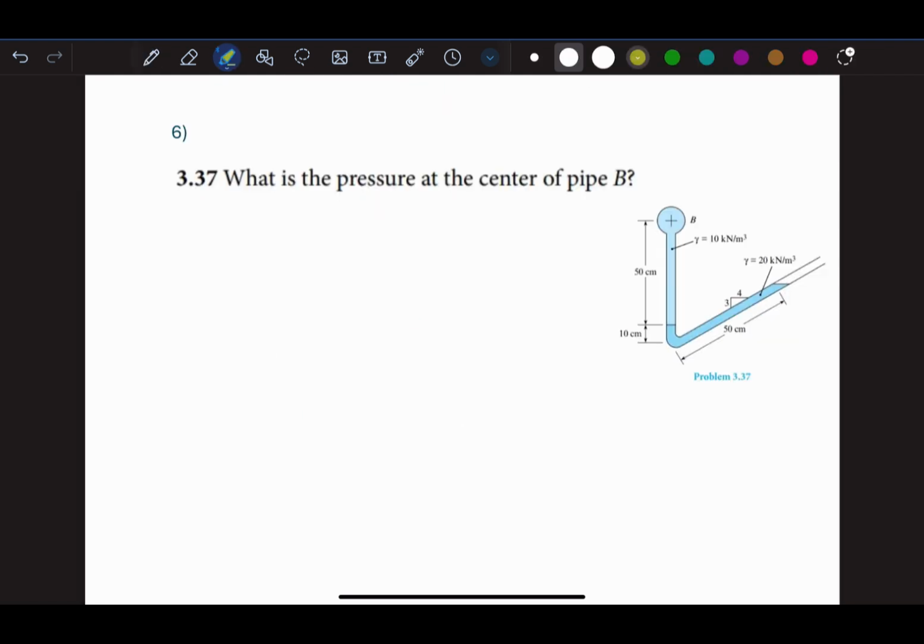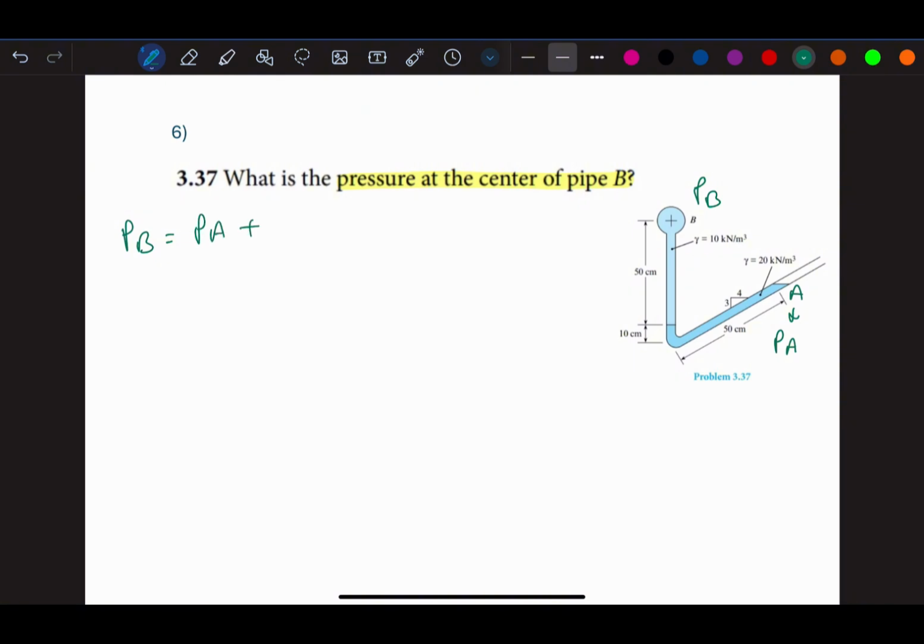Okay, this is the final question, 3.37, and we need to find the pressure at the center of pipe B. So we are going to use this manometer, and we have PB, which is pressure at B. And let's say we have point A here, and we will have PA. So to simplify calculations, if you remember, we have these equations.